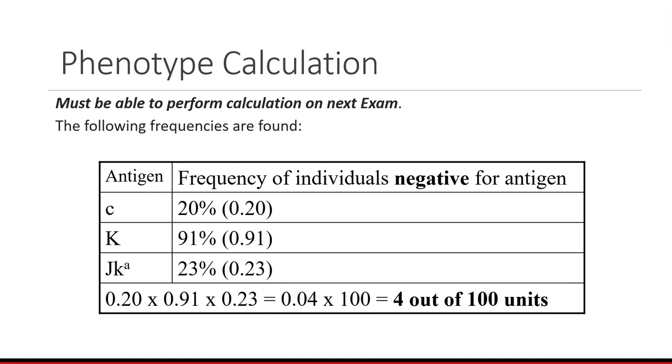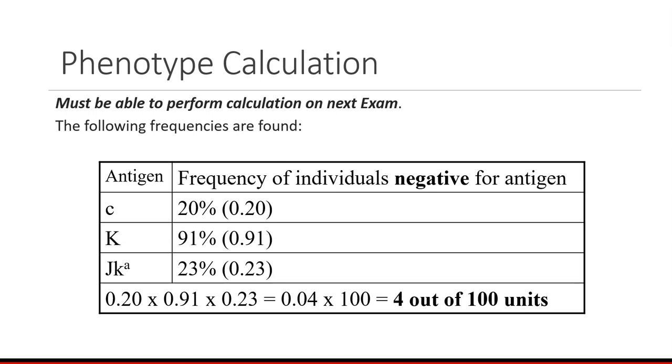So you convert them to decimal form. So 0.2 times 0.91 times 0.23 equals 0.04. You then multiply that times 100. Don't forget this step. So if you were testing 100 units, you would find 4 units if you were lucky.